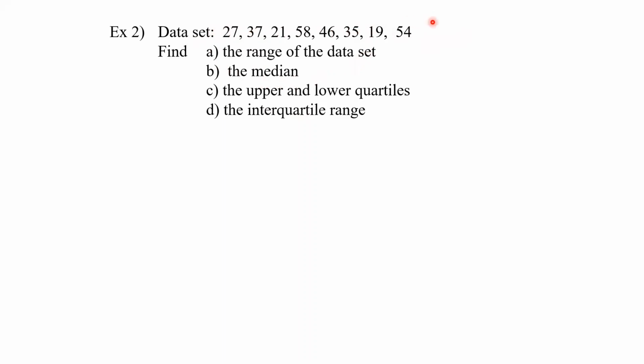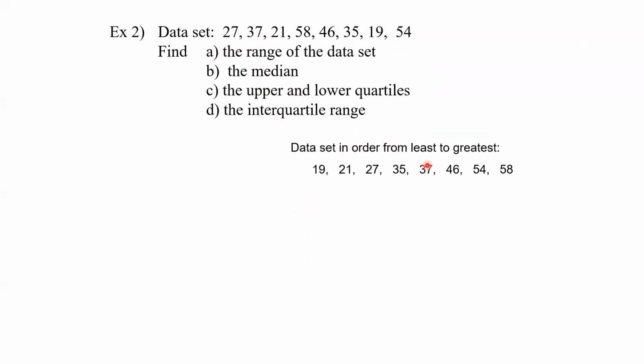The other thing that we can observe from these values, this data set is not organized because we have 27 here, we have a 21, we have a 19, we have 54, as in they are all jumbled up together. So the first thing to do before you do any of these calculations is to organize this data in ascending order. And then now you can come and calculate your observations.